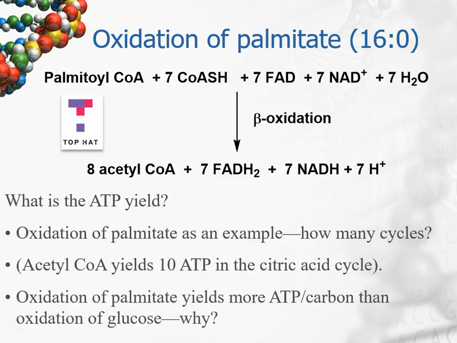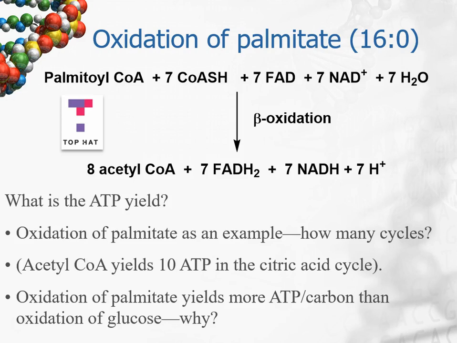The other thing we should note is that we get more ATP per carbon. So usually I would ask, why is it that we get more ATP from palmitate than we do from glucose? And then the students would say, well, we have more carbons. We have 16 carbons in palmitate, whereas we have only 8 in glucose. That's part of it, but that's not the whole story.